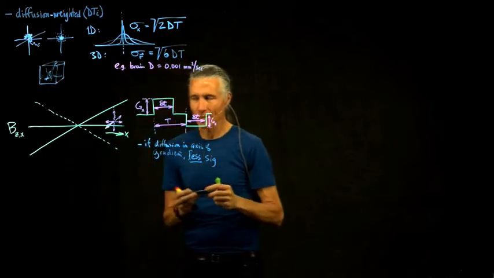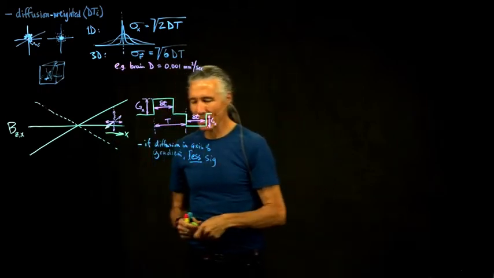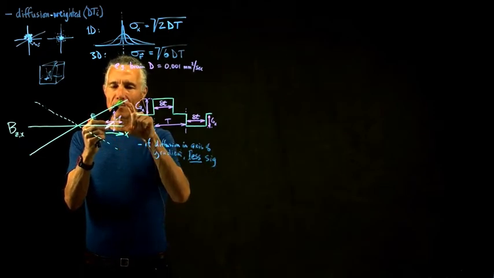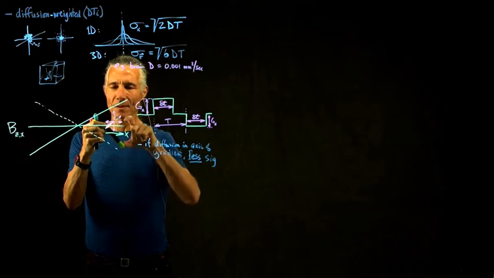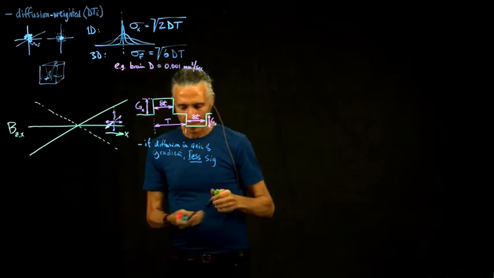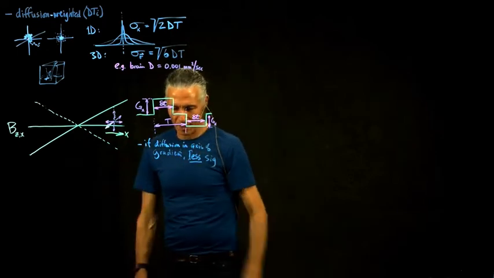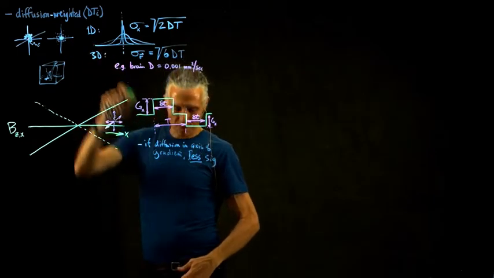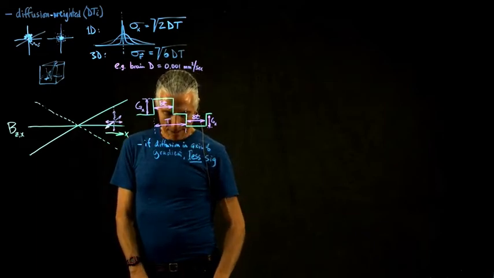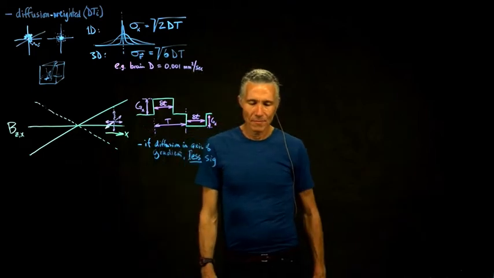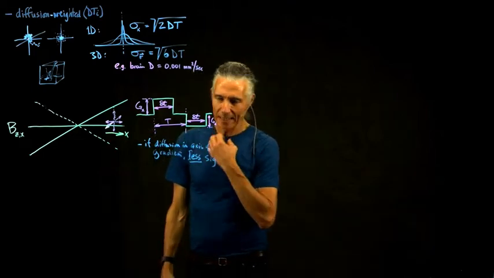You can see that's an ambiguous signal, because if I went this way, I would get the same x projection as if I went that way. So that's fundamentally how you get a diffusion weighted signal. But clearly that's not going to be enough to solve the problem.